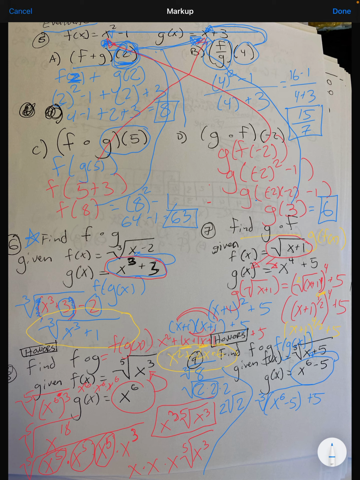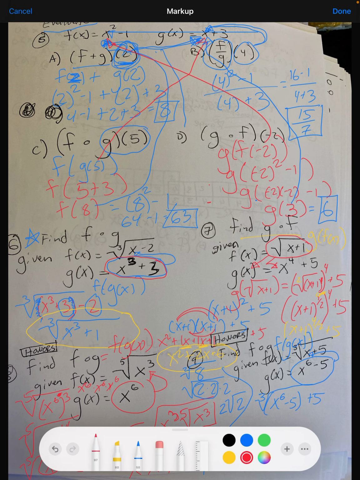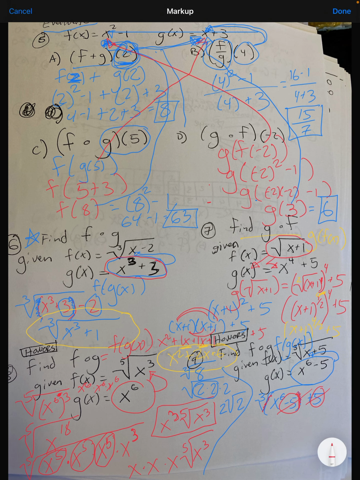Nothing is happening with the parentheses. Okay, so I can actually get rid of them. And I can combine minus 5 plus 5. Those cancel out. So I'm looking at the cube root of x to the 6th.